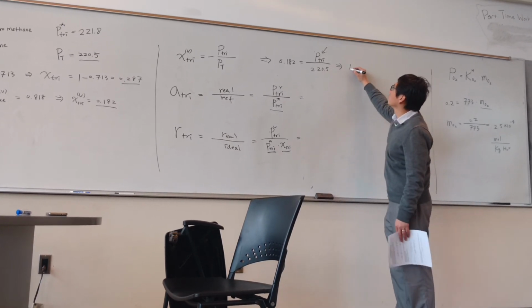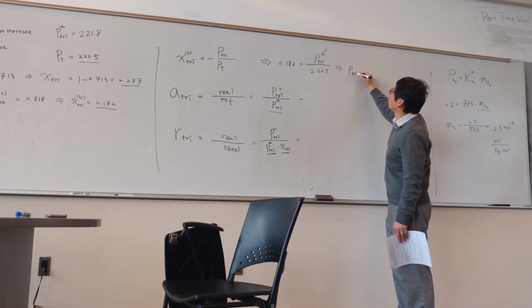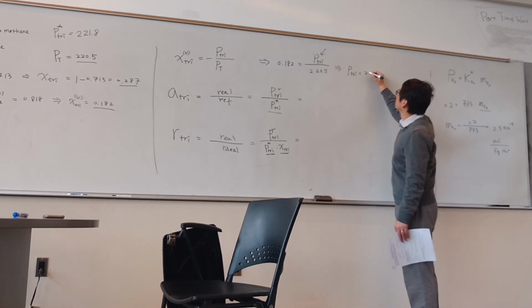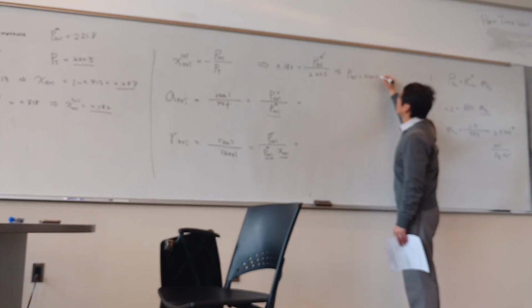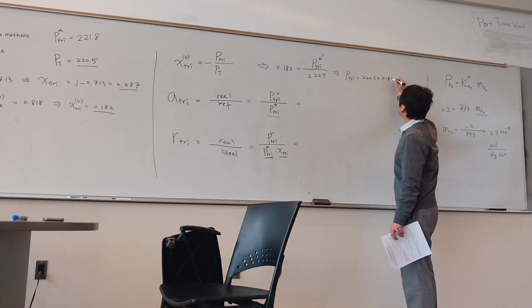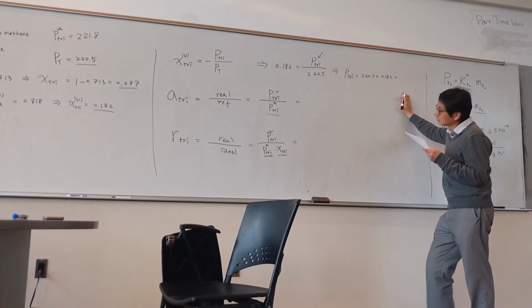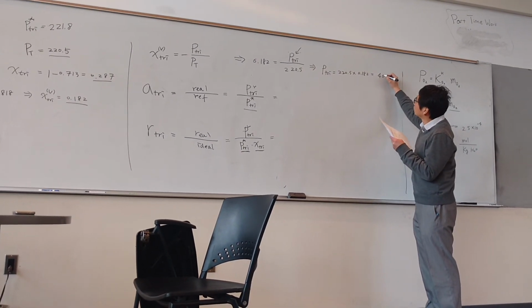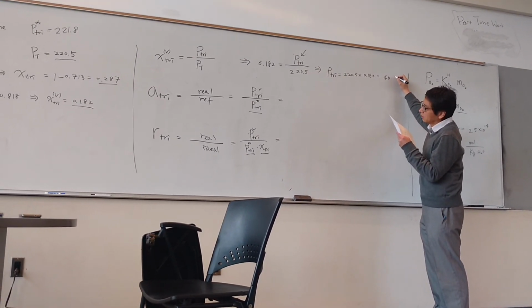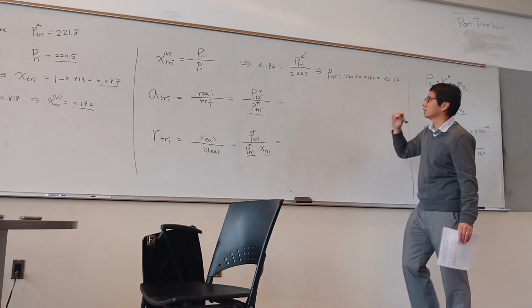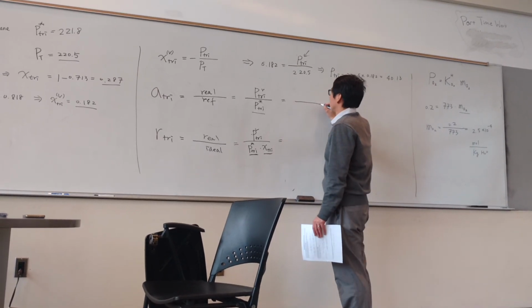So from here you know your P trichloromethane is going to equal this multiplied by this, and that gives you a number of 40.13.